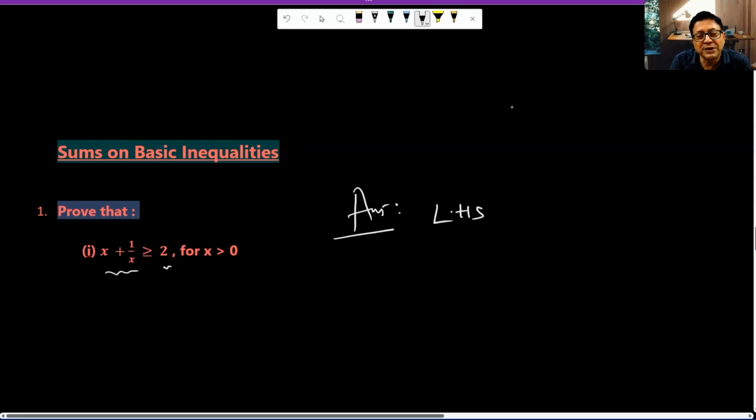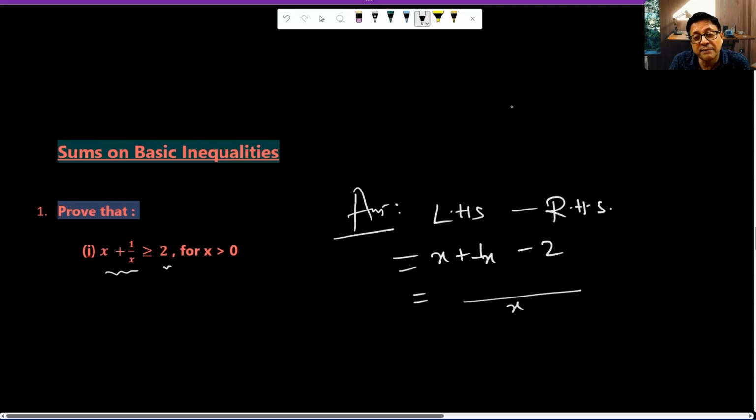So let us start with LHS minus RHS again. This is x plus 1 by x minus 2. Take the LCM. x square plus 1 minus 2x. Numerator is x minus 2 whole square by x. This is greater than or equal to 0. Why?